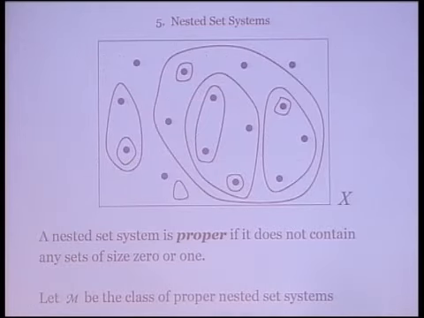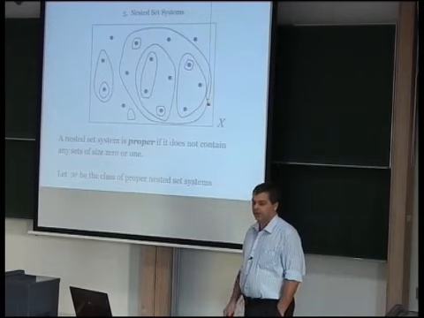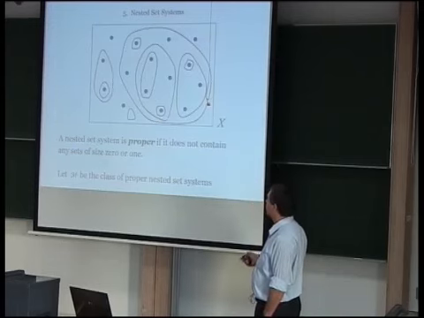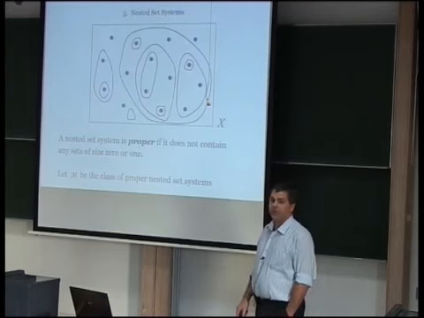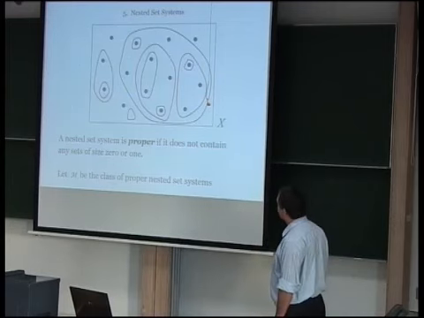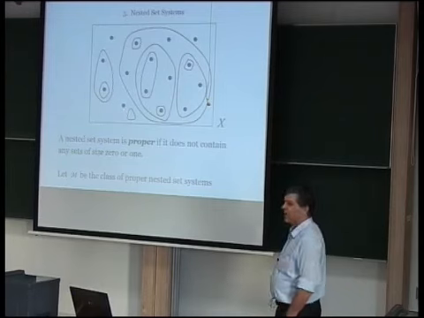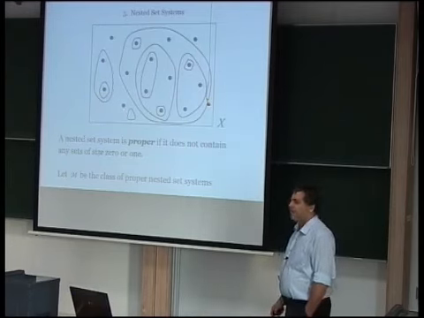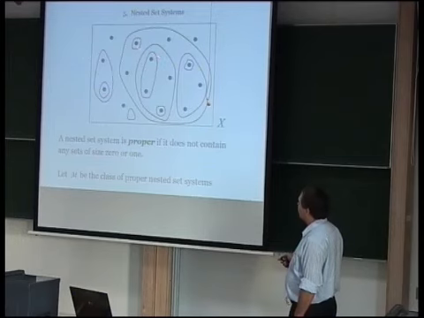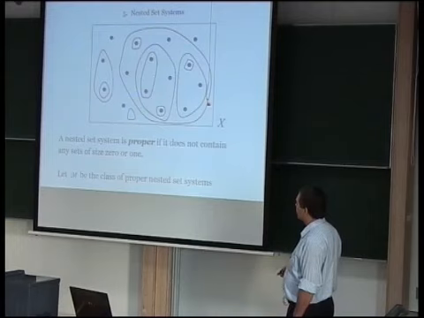Okay, so now comes the difficult combinatorics. You have to analyze this kind of structure into small enough pieces that you can get some functional equations that are useful. Looks like a mess. Well, the first thing to observe is that these sets of size 1 or 0 are kind of irrelevant. My set system is not going to fail to be nested if I delete all the sets of size 1 or 0.